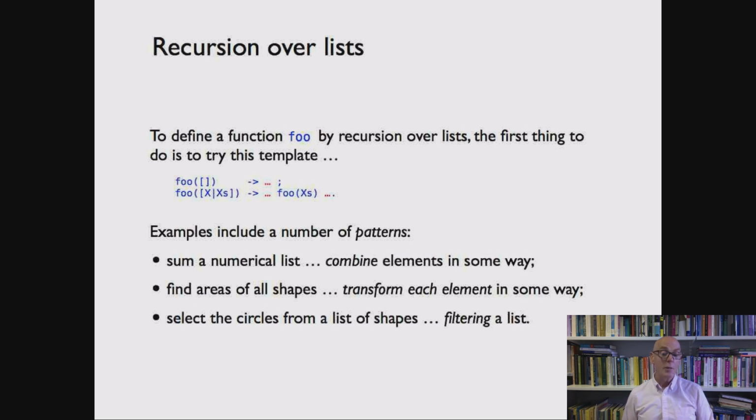And another pattern we've seen is selecting particular kinds of element, elements with a particular property, from a list. We call that filtering. So what we've got here is combine, or sometimes called reduce, and the second element is transformation, or what we call map, and finally we see filtering. So we've got these general patterns which have become very important patterns in big data processing.